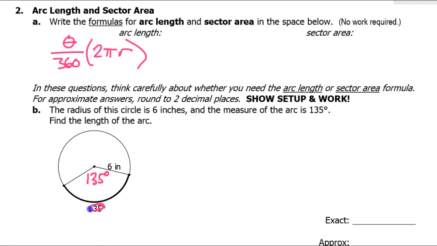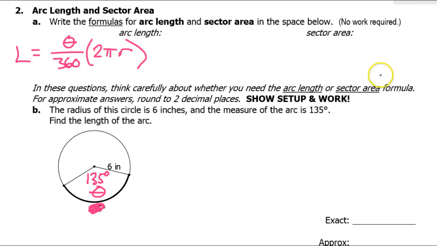So really, it's like they're basically giving you the angle, and you have to find the arc. They're giving you theta. All right? So that is the formula for arc length. Maybe I'll put L in front of it. I don't know. But this is how you find arc length.